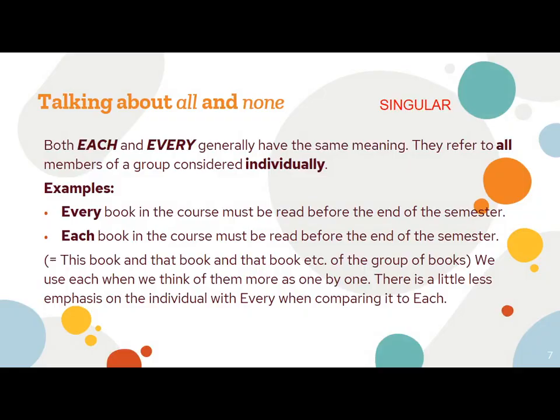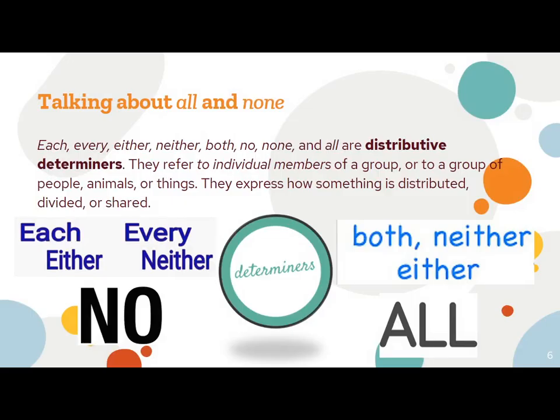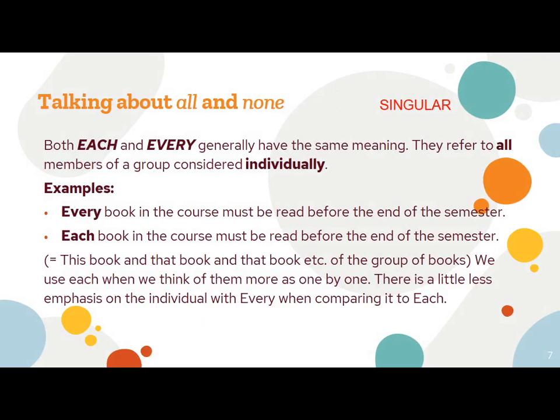So in the case of here, I was telling you that determiners and nouns are like boyfriend and girlfriend. They cannot be alone. Determiners need to have someone to work with. So that's why we have nouns. Here I was explaining that these different determiners are called distributive determiners. And then I was explaining the use of each and every.